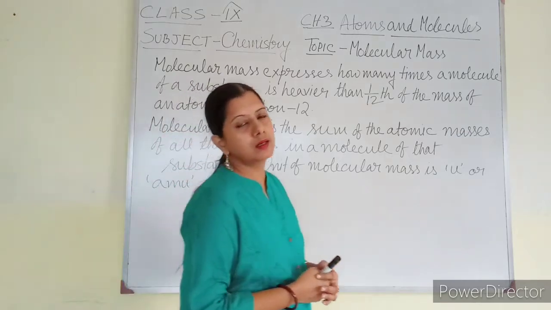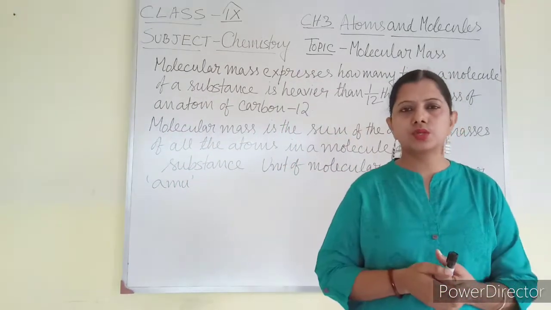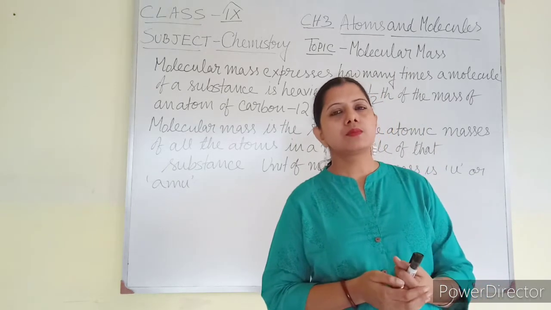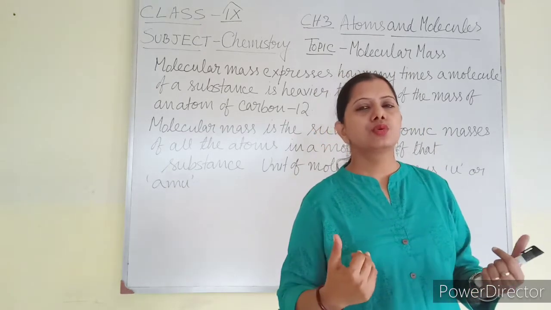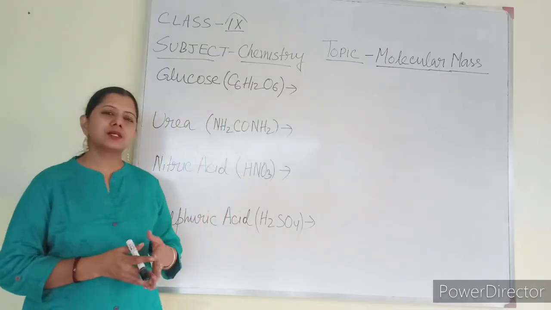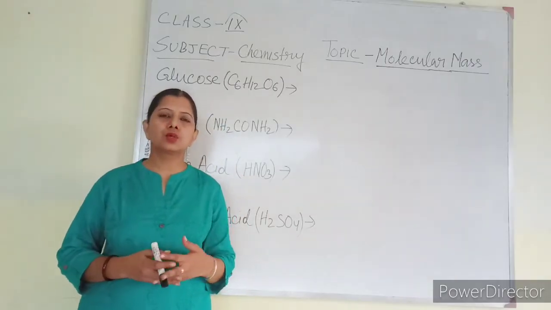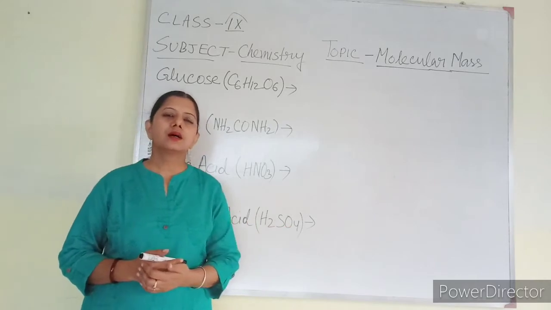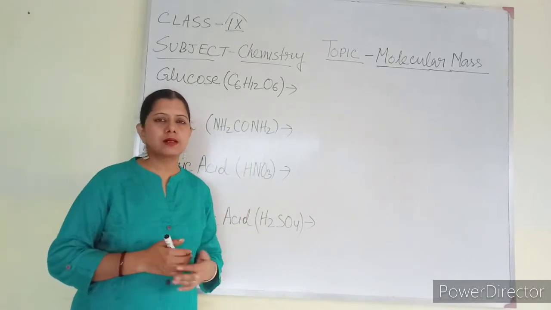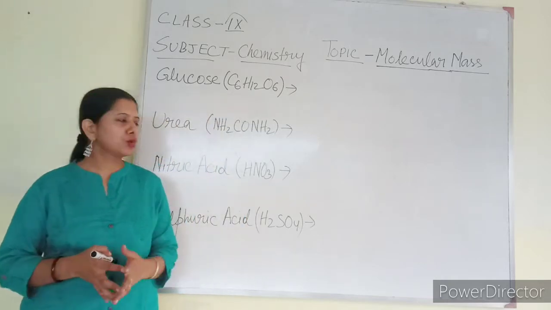Now I will do some calculations to show you how to find the molecular mass of some substances. So I am going to write down the questions. Solve these questions, that is, you have to find the molecular mass of the following compounds, that is, one molecule of these compounds.